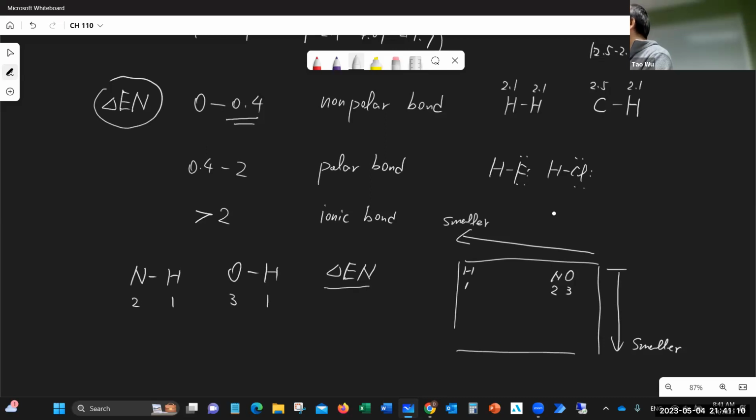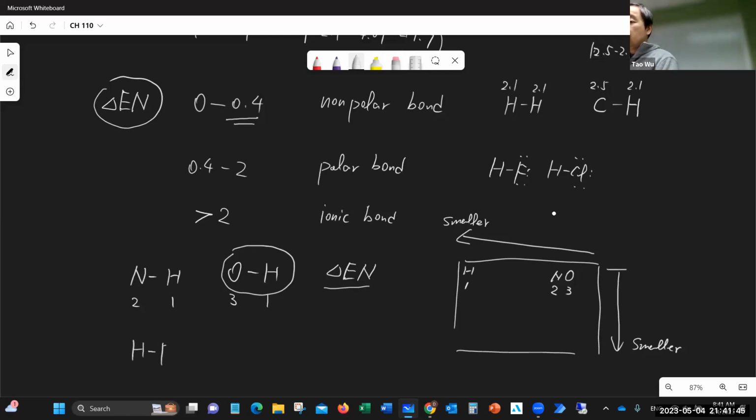So if the question doesn't give you the number, you can just make a number, but at least you're going to follow the trends. So that's why oxygen and hydrogen will have the most polar bond between those two. Do you understand? Clear?